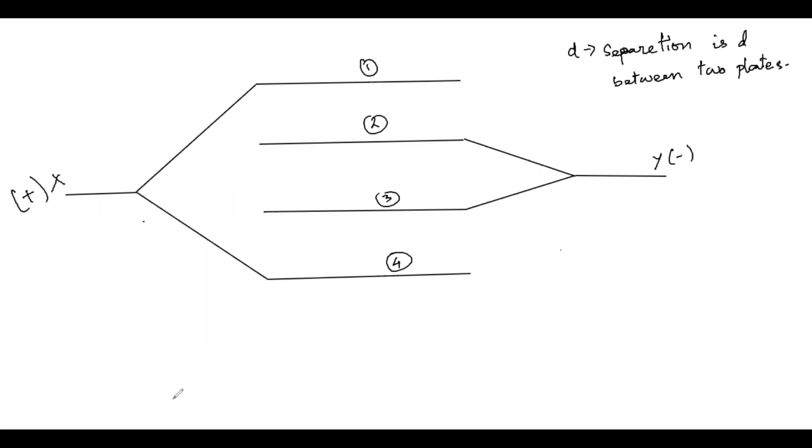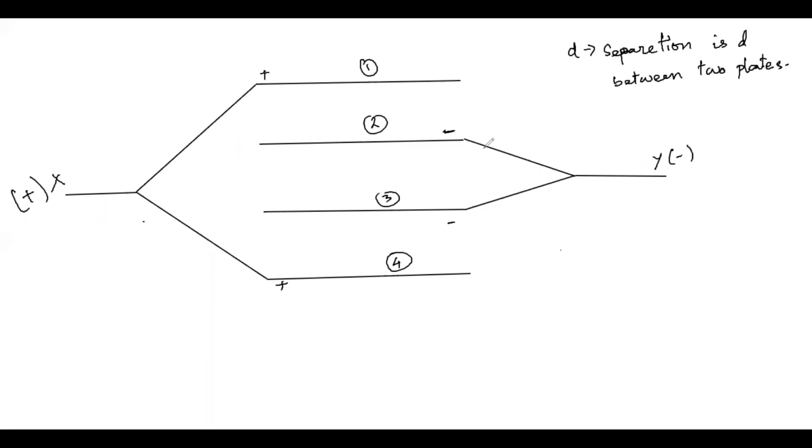Okay. So now as you can see here, since first and fourth plates are connected to the positive terminal, both of them will have higher potential, and second and third are connected to the negative terminal. So this second and third plate will have lower potential.